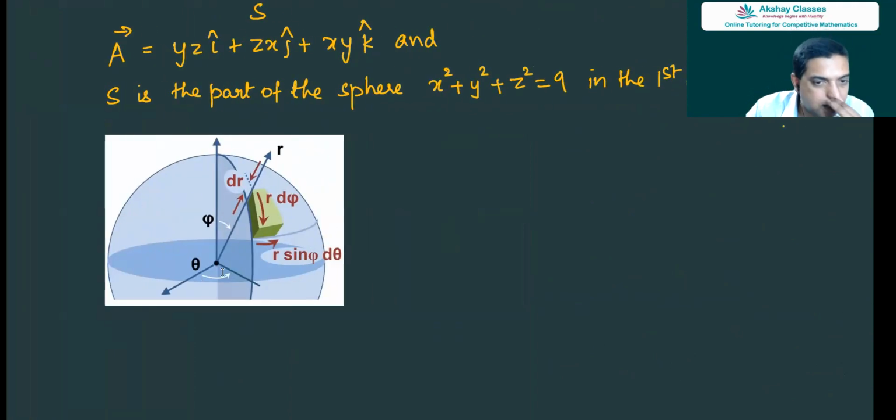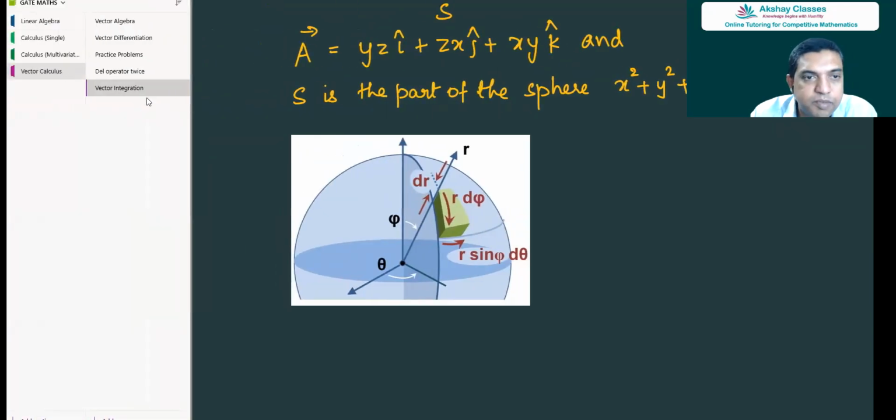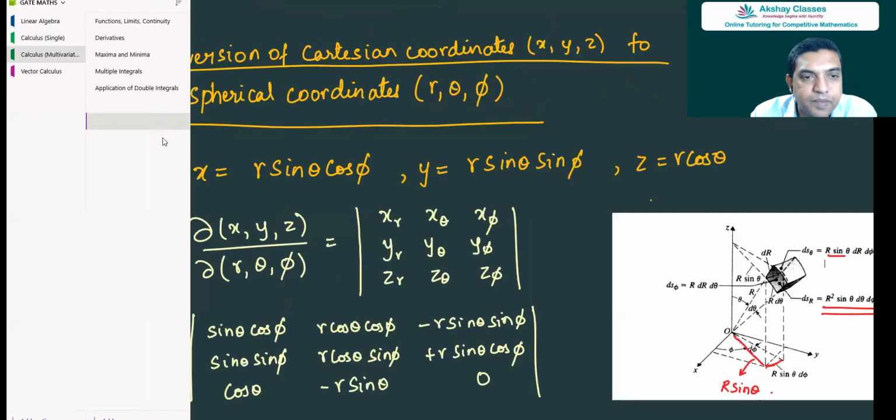So this was R. You will get R sine phi d theta, and R d phi. This is just reverse in that particular figure. Maybe we should just use that particular figure. That will be much safer.